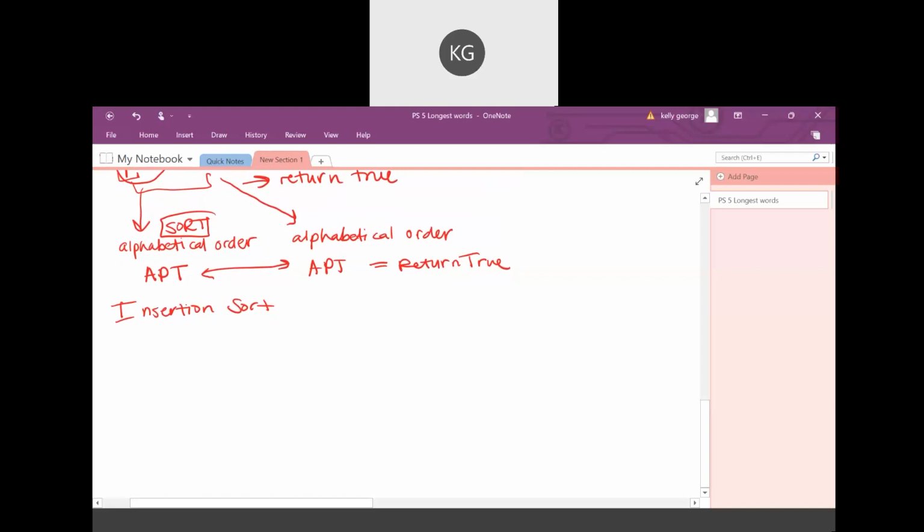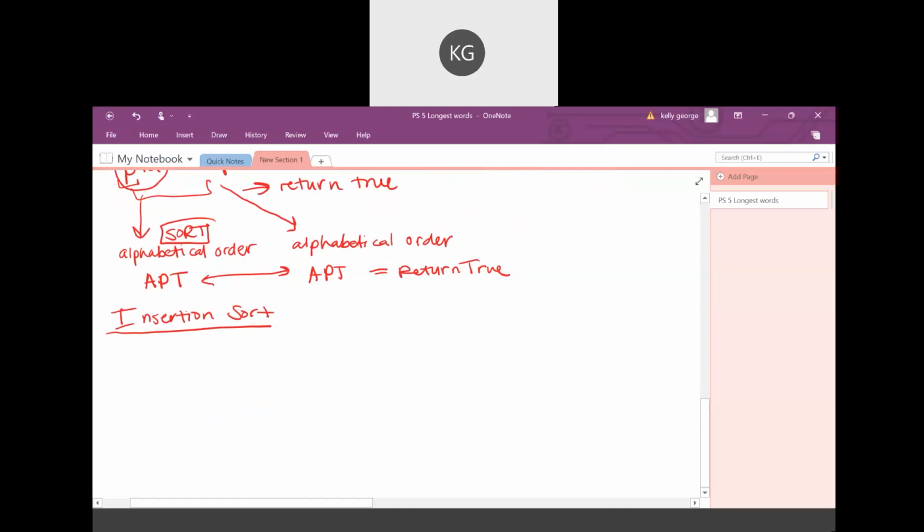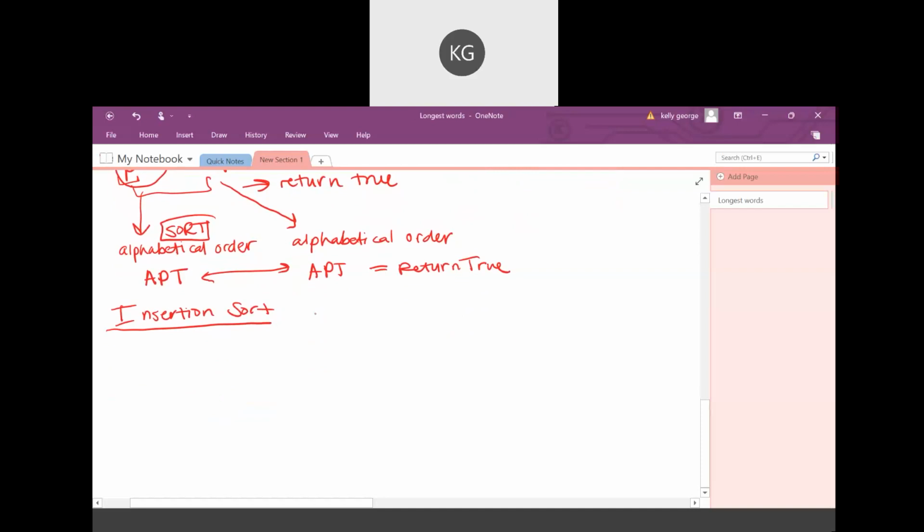Now, insertion sort is not the fastest sorting method by any means, but it works well for smaller things that need to be sorted. So since our word only goes up to 9 letters, it's fine to use insertion sort. Okay, so we can use insertion sort to change the PTA into APT. So now when we go through words.txt, anytime we compare these two and they equal the same thing, then we can add that to our answers.